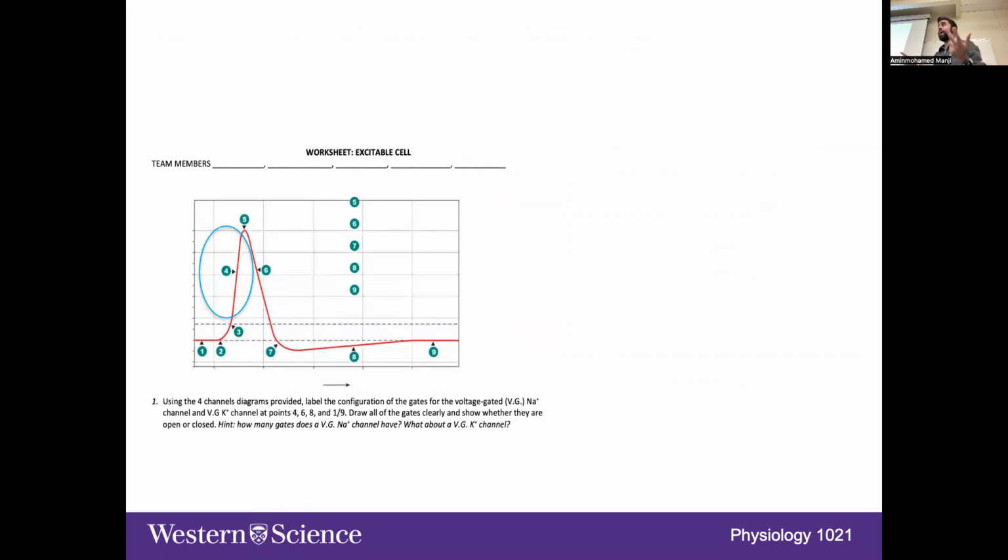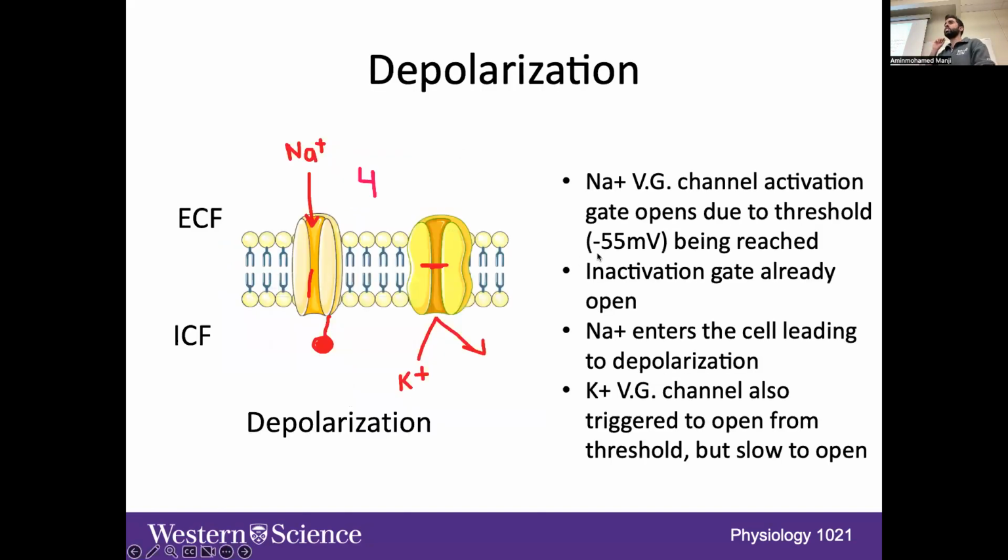Not chemically, because we're talking about an action potential now, right? Voltage gated, absolutely, right? So in the depolarization phase, you have sodium voltage gated channels opening up. What was the trigger for them to open? Well, they're voltage gated, right? That means they were triggered to open by a voltage. What specific voltage? Threshold, right? That minus 55 millivolts.